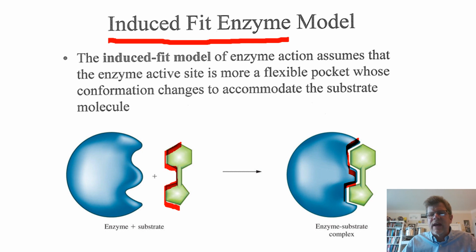Notice this active site now has jaggy corners on it. It's not the loose topography we saw over here. So we get an initial binding of that substrate, but then that induces the active site topography of the enzyme to change. So that's why we call this the induced fit model.